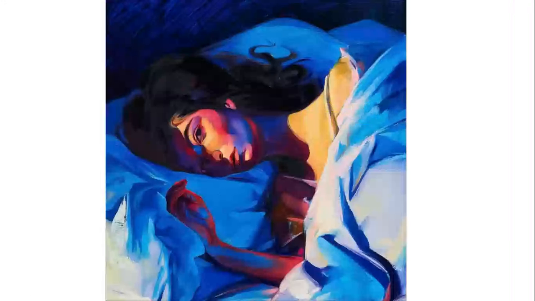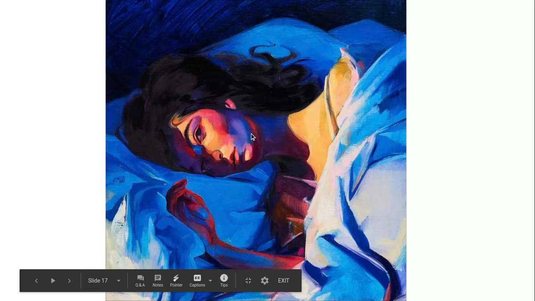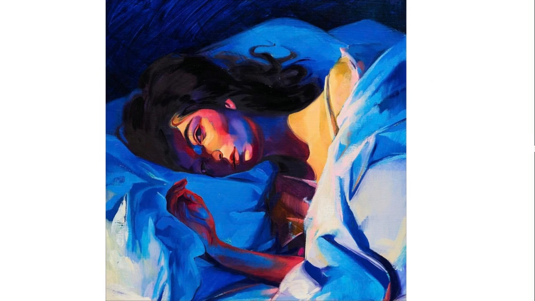Someone had mentioned that it seems like her face is being hit by the sun, which really warms up these areas in her face right here, as well as some part of her neck and shoulder. Using those warm colors again, those yellows, reds and peaches, to really bring her out and make balance between all the cool colors of the blues, the blacks, and the purples against that nice warm skin tone.